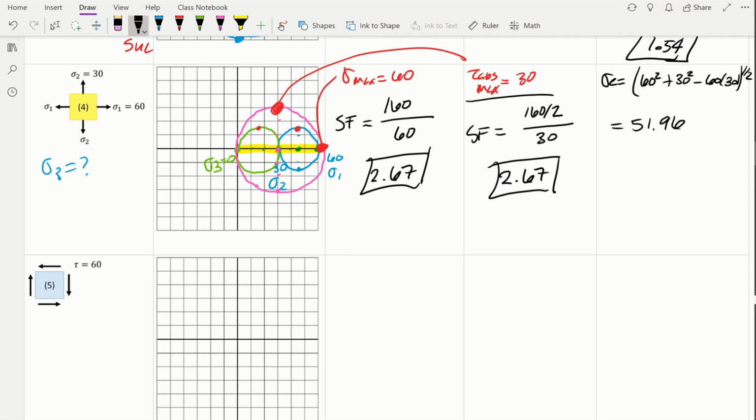So armed with this value, we can calculate the safety factor, right? Maximum distortion theory says that the equivalent stress, which is 51.96, cannot exceed the yield strength of the material, which is 160. So if we take 160 and divide by 51.96, we get roughly 3.08.